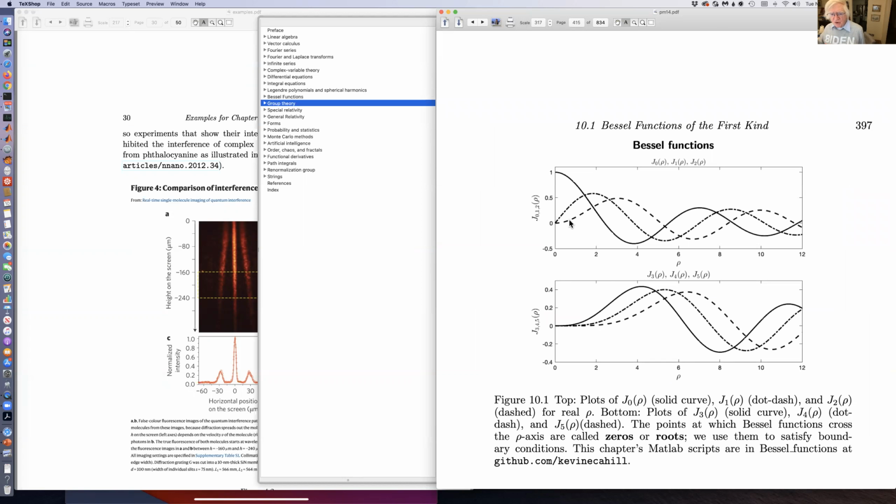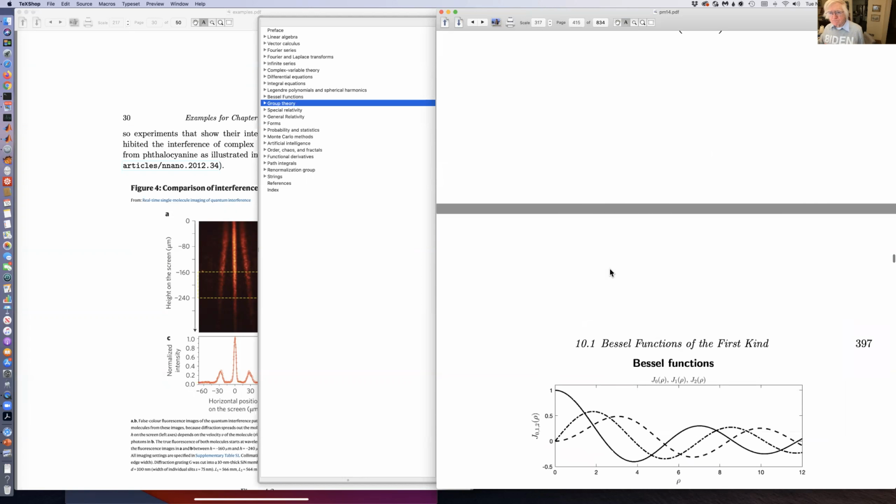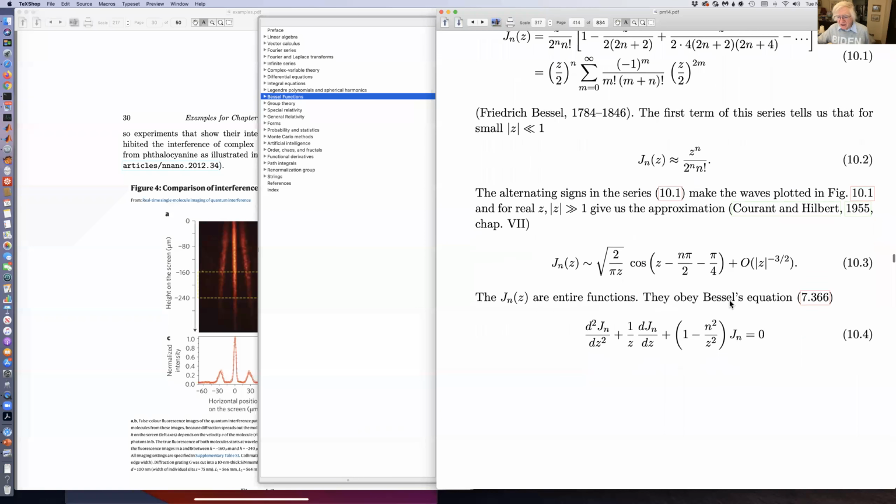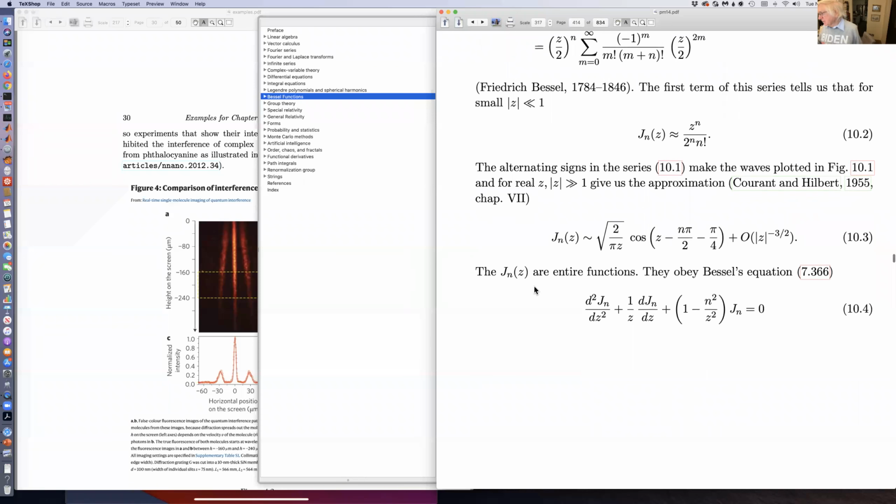These are J0, 1, and 2. Here's J0, but all the others start at 0, and 3, 4, 5 are plotted here. They look like cosines divided by the square root of z for large z. They're entire functions, and we are entirely out of time.